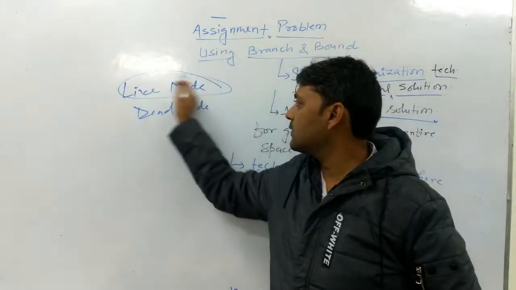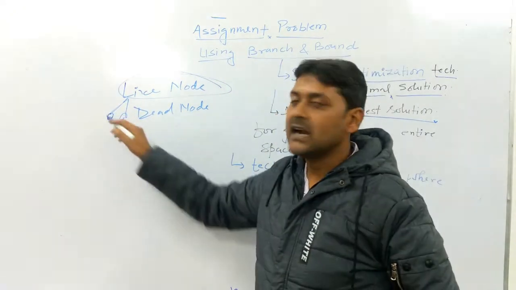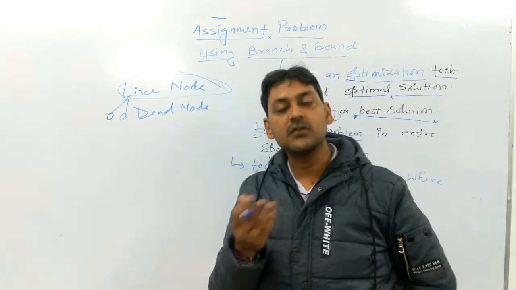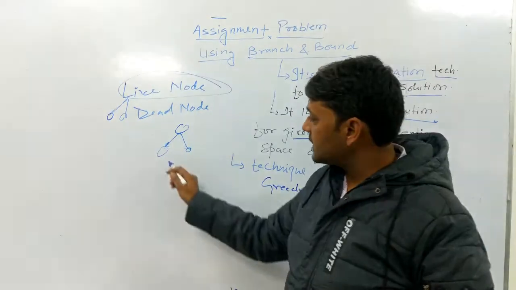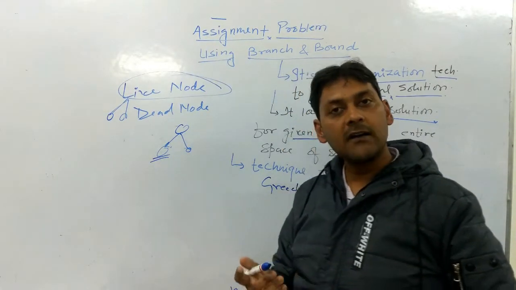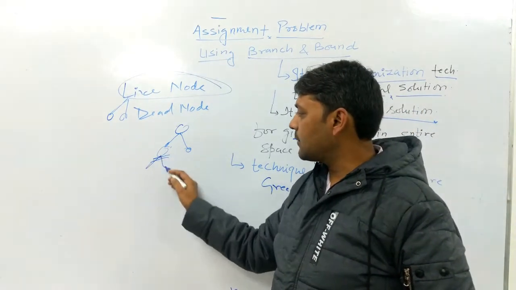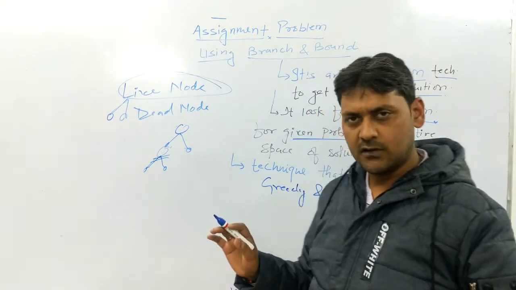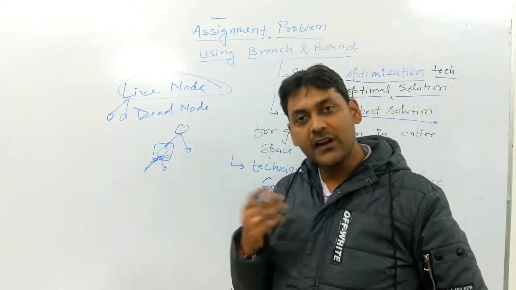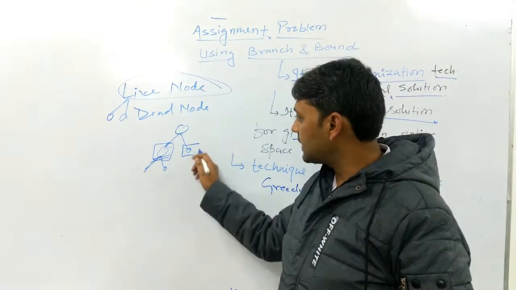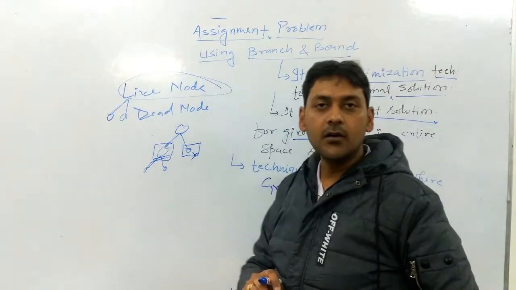If a node has the capacity to produce more than one child, that means if you have solved a question using the space tree and this node is required to produce another child according to your given problem and procedure, producing one, two, three children and so on, then this node is live. Otherwise, if according to your boundary condition it does not fulfill your requirement, then you say this is a dead node.